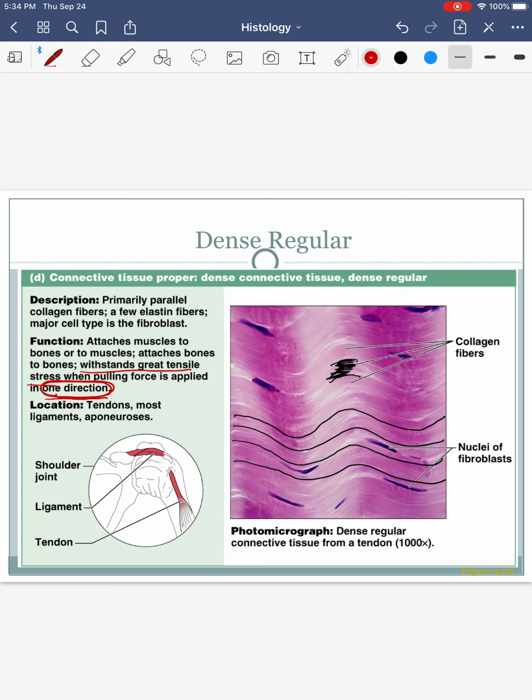The idea here is dense regular connective tissue gives strength in the direction that the fibers are aligned. So from this picture, this connective tissue gives strength horizontally. So you see the arrows? If I were to pull at those arrows, those fibers would straighten out and provide strength.